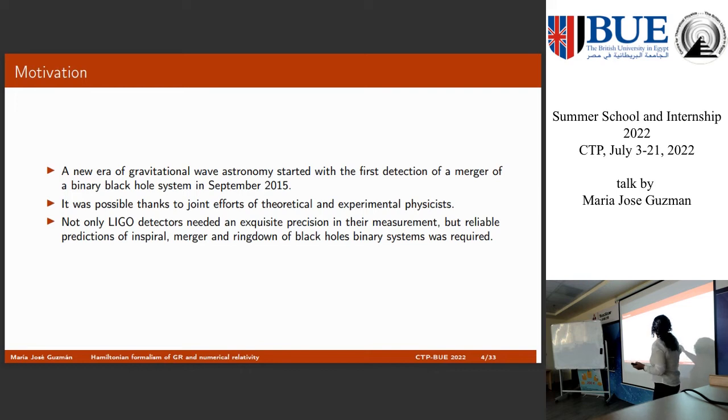Yeah. But you don't only need to detect this, you also need to know what you want to see. And what you want to see are, let's say, phases of this binary black hole merger. These phases have a very complicated pattern, and you have to predict this pattern with very much accuracy.